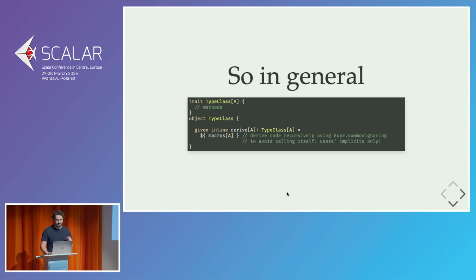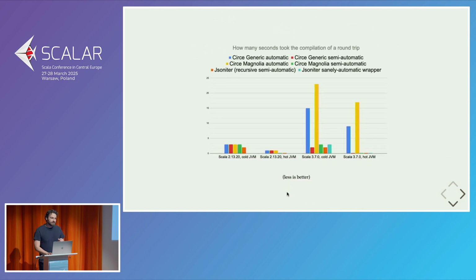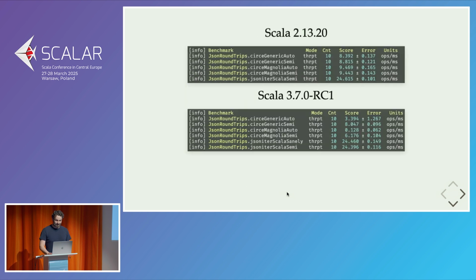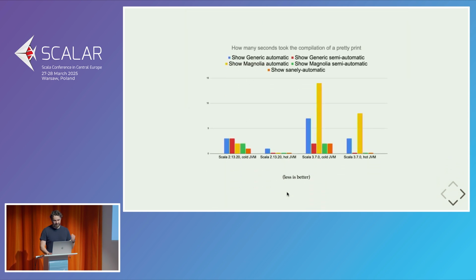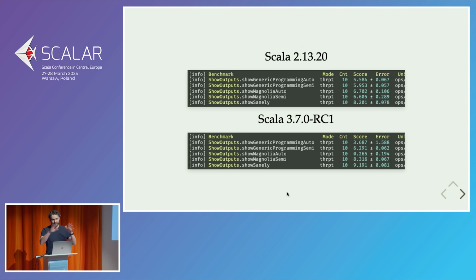And after I applied this small change, I could run the benchmarks, and I could tell you that the results are exactly the same. So if you are asking whether the new version of Scala is fixing or changing things for us, sorry, no, compilation times are still as they were, and the benchmarks are still the same as they were. So yeah, in both examples, whether it's the comparison of JSONs or the show pretty example.